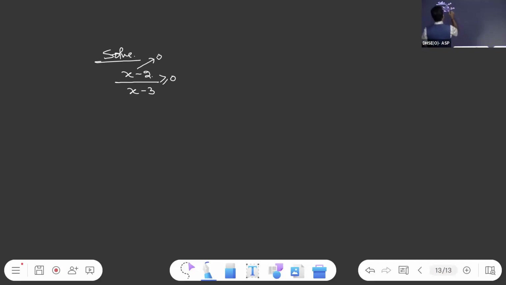First find the critical points. Critical points are 2 and 3. So mark the critical points on the number line. 2, 3, plus minus plus. You see, it will be equal to 0 only when the numerator is equal to 0. So if the equality symbol is there in a rational inequality, the critical points that belong to the numerator should be included and critical points of the denominator should be excluded.